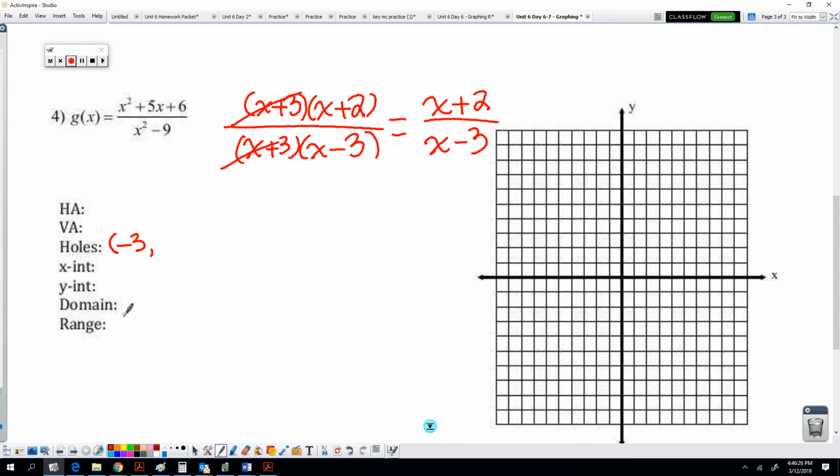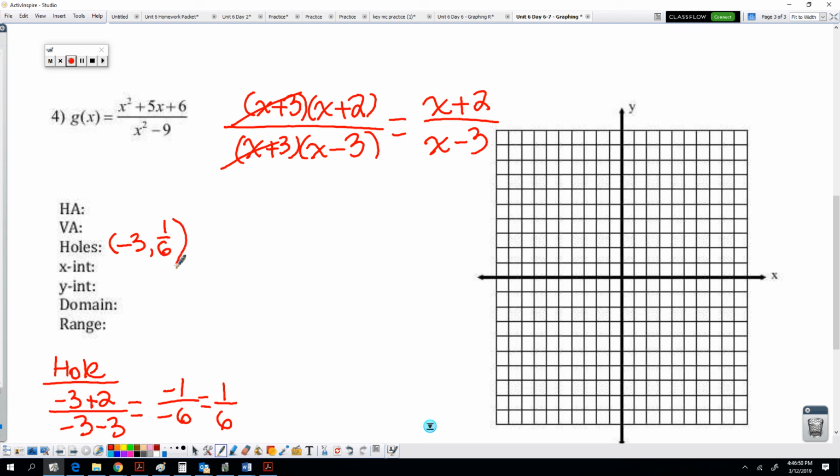To find the y value of my hole, I'm going to plug in negative 3 into whatever's left over after you cancel, and I get 1 over 6. And that is your y value of your hole.